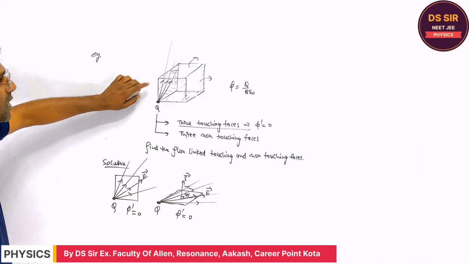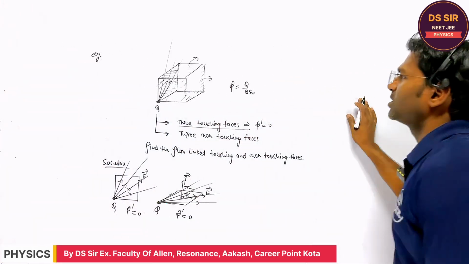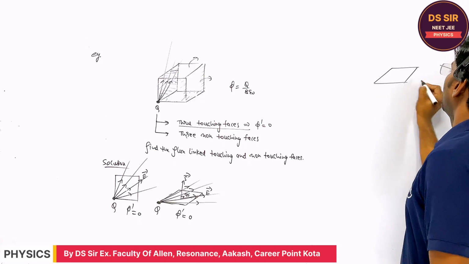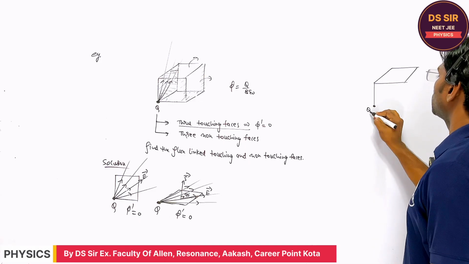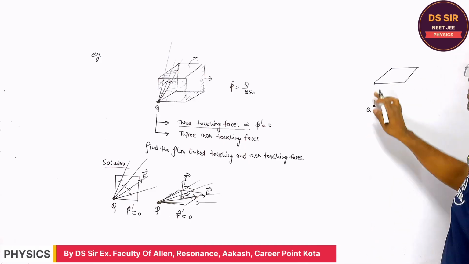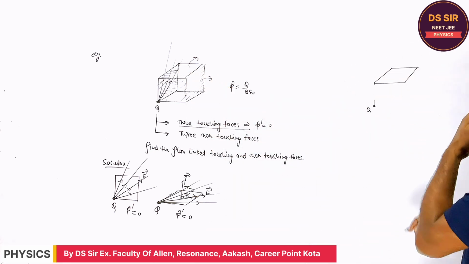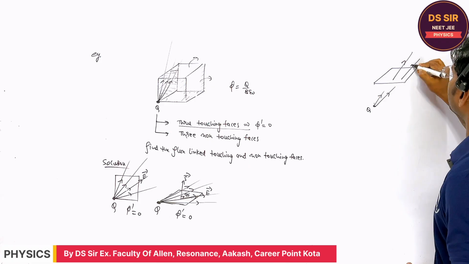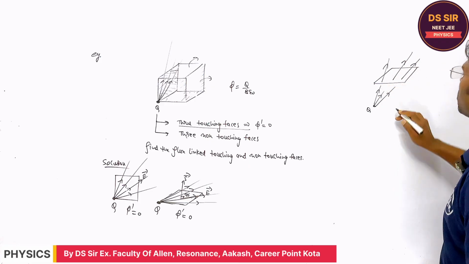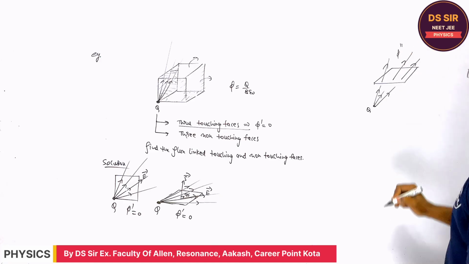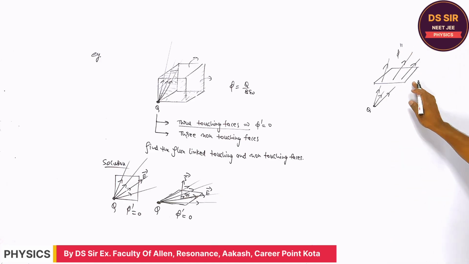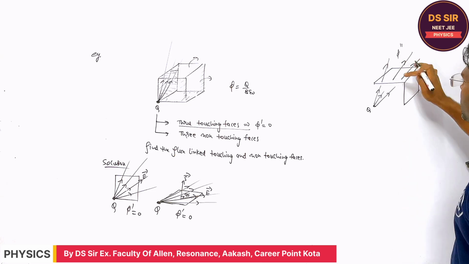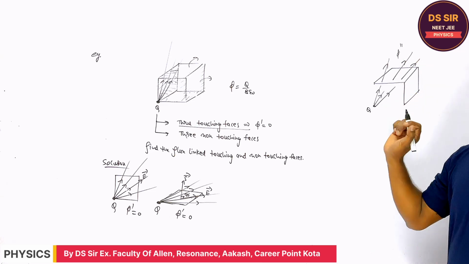Right. Now we consider the non-touching face. For example, this is one face, like this. If you consider the charge q is placed over here, and this is the topmost face, so the flux is passing through this face in this way. You understand or not? So if I assume this is phi double dash, and the another face which is also non-touching, this face and this face are symmetric with respect to the q.